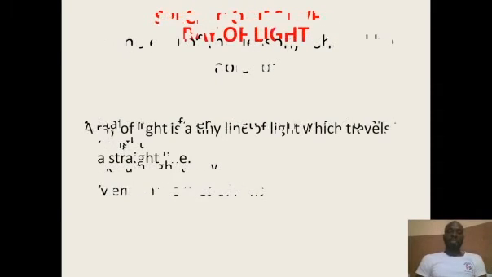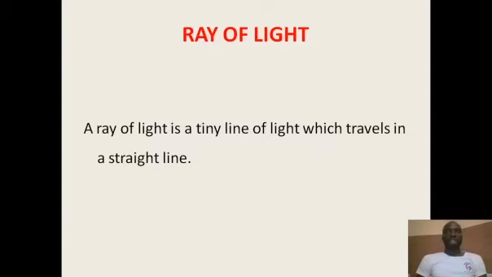The last time I told us that light is an electromagnetic radiation from a source. So I'm going to give you a simpler definition today, which says that light is a visible form of energy which radiates from a source. During that last class, I used a torchlight to show you the source.